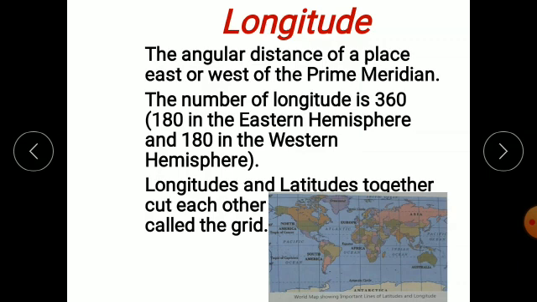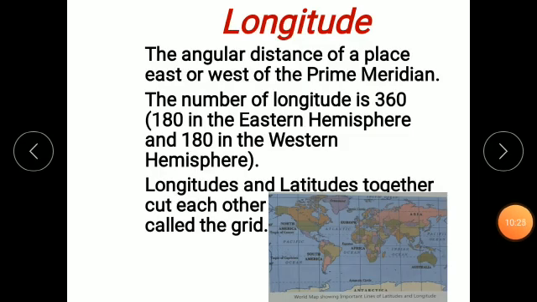On maps, this line is drawn in a zigzag manner so as to avoid crossing any land, to avoid any confusion in time. The number of longitudes is 360, 180 in the eastern hemisphere and 180 in the western hemisphere.